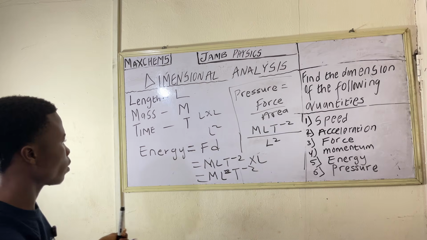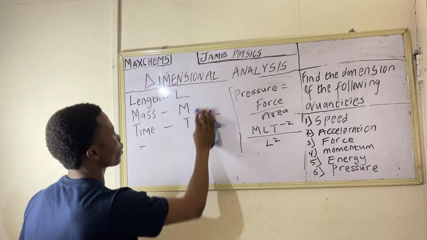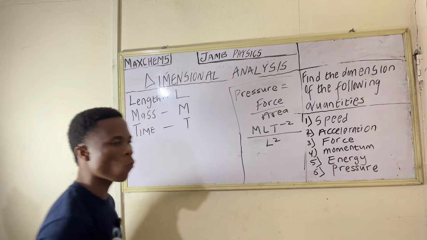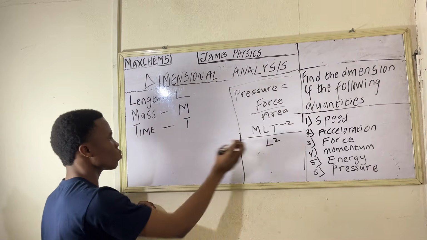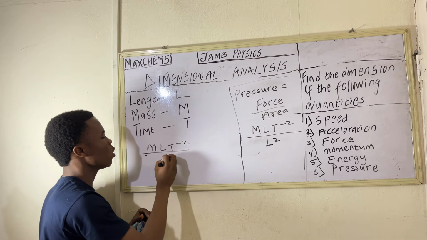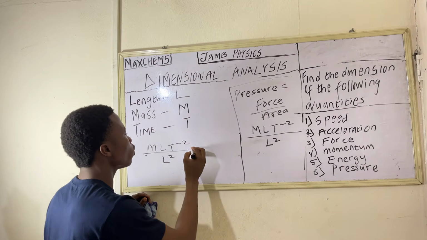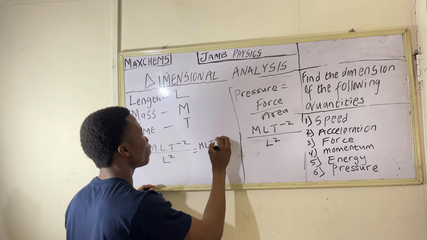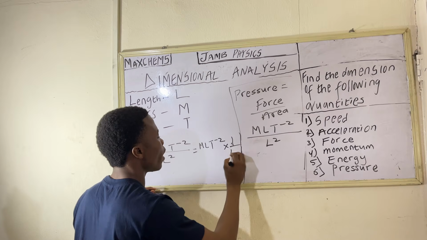Let me clean this part so we can see it clearly. Now we have MLT minus 2 over L square. How do we solve this? Very simple. We apply the law of indices. This is the same as MLT minus 2 times 1 over L square.